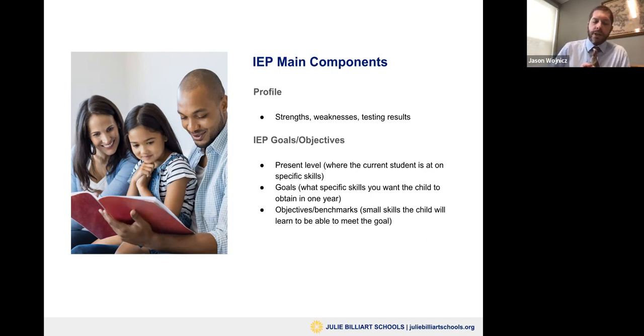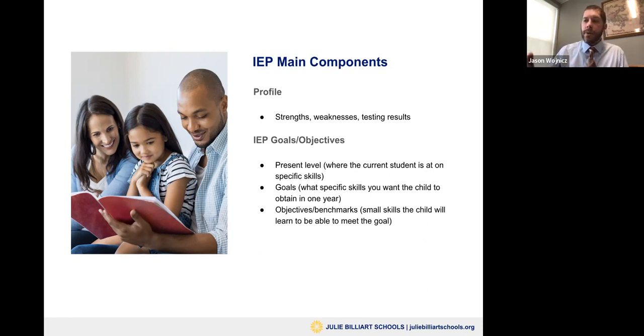Certainly one of those objectives could be geared towards that. Another objective could be more geared towards initiating the task. There's a major difference between being able to receive those directives, understand what those multi-step directions are, and then being able to initiate that first step. Those are two vastly different skill sets, and they're going to be two very different objectives within that goal that the child is going to be working on.